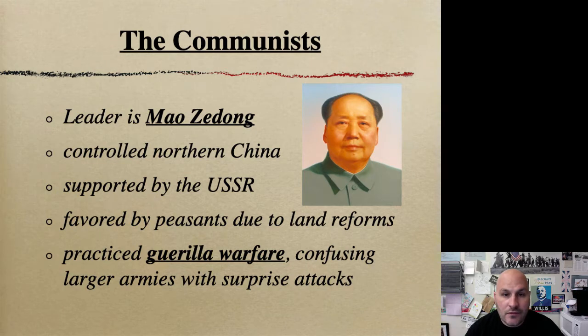So communists led by Mao Zedong, they're in northern China, mostly northern China. Again, we want to talk about why the communists are really supported by the poorest of classes.